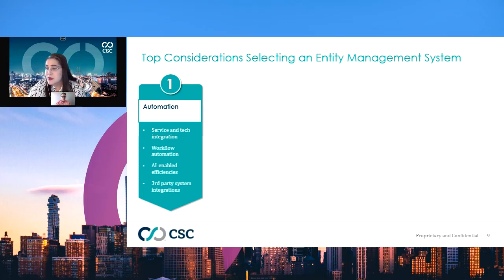So in a simple example, you have an SAP system, you want to be able to pull an SAP code into entity management from that tool, or maybe you're using Yardi, or you have some other type of accounting software that maybe you're populating information that would be valuable to share with entity management, or vice versa, data coming from your entity management solution into those other technologies. It really can help you to avoid having to maintain or duplicate information across those separate systems. So efficiencies can be gained by way of that level of automation as well.